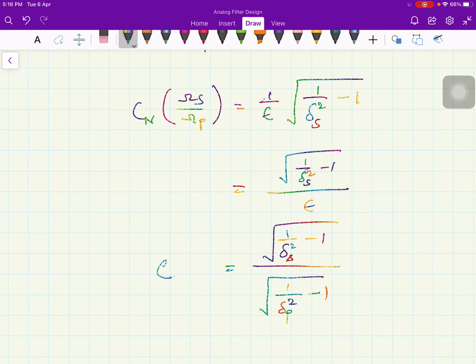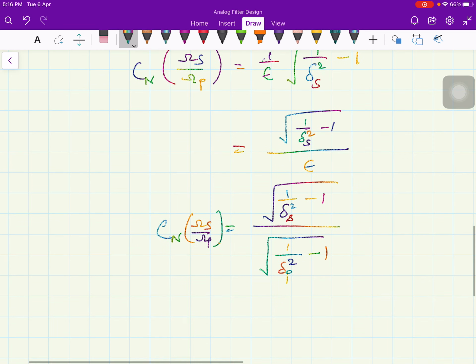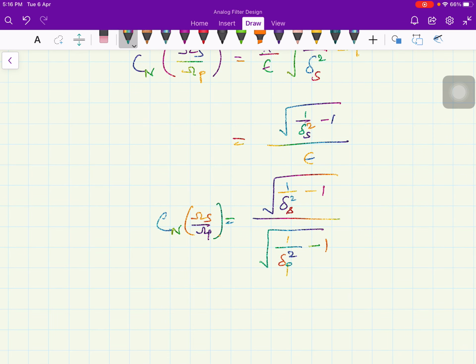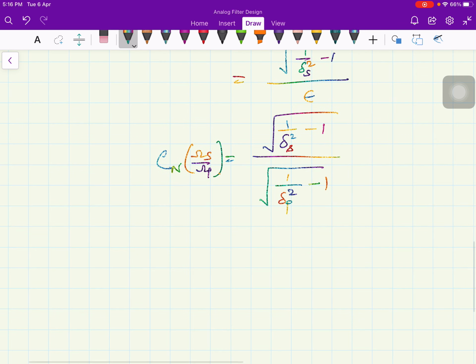So this is Cn of omega s by omega p. Haven't you got the same factor as in Butterworth? Yes, the same kind of thing we got there also. I can write it as square root of 1 by delta s squared minus 1 divided by 1 by delta p squared minus 1.